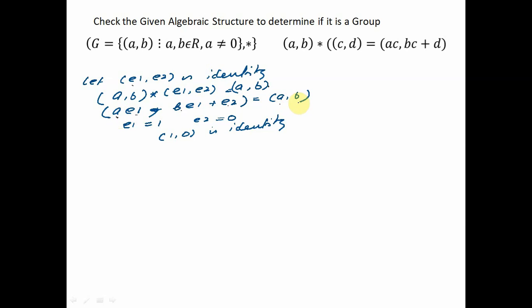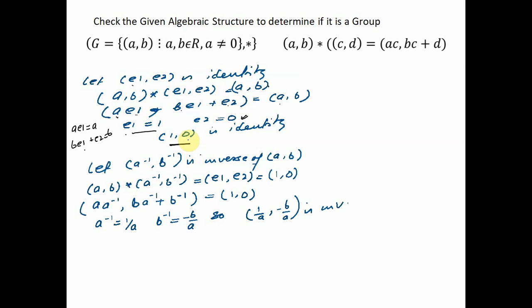So a e1 is equal to a, so I get e1 is equal to 1. Then I have b e1 plus e2 is equal to b. So by using e1 is equal to 1, I get e2 is equal to 0. So the identity element is (1, 0). So this particular set and algebraic structure also has an identity element.